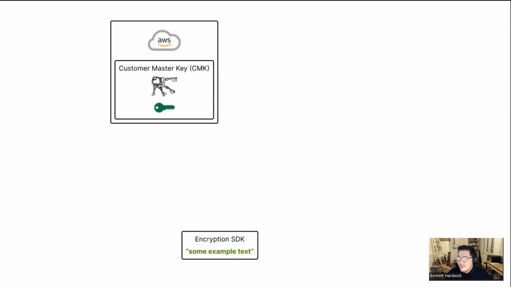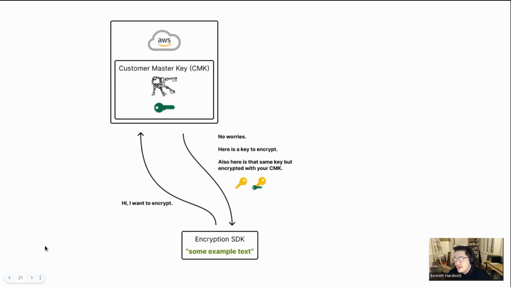Anyway, in that encrypt method that the KMS simple example was doing, it starts out under the hood by sending a message to AWS. It says, hey, I'd really like to encrypt something. And AWS responds saying, no worries, fam. Here's a key to encrypt your data with. To help you out, I've also included the same key, except I've encrypted this key.